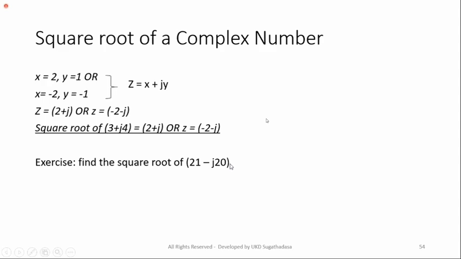Now I think you have to do some exercise this time. I will give you some time. I don't know how much time is left in this session, but if it's close, we restart. Take a piece of paper and pen. We just described how to get the square root of 3 plus j4.